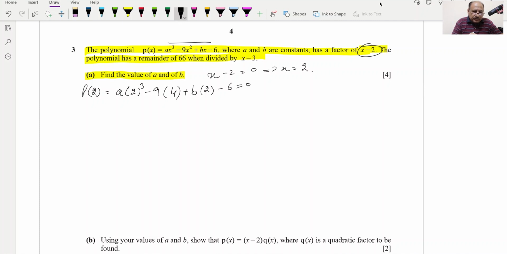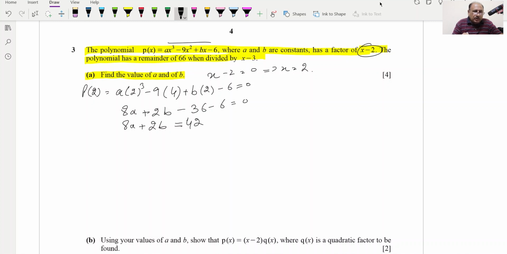So this implies 8a plus 2b minus 36 minus 6 is equal to 0. So it will be 8a plus 2b equal to 42.